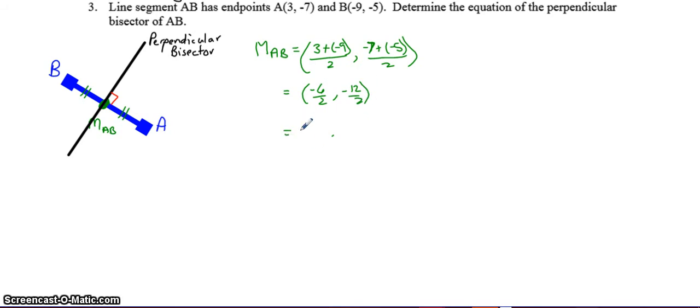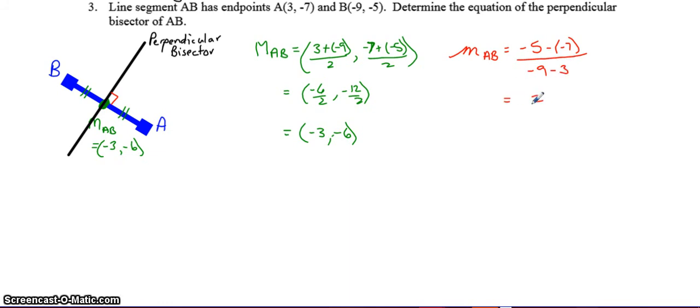And in lowest terms, that works out to negative 3 and negative 6. So that's that point there, negative 3 and negative 6. Remember, because it's a point, it needs to have brackets around it. Because the perpendicular bisector has to be perpendicular to AB, the next thing you need is the slope of AB. So that is y2 minus y1 over x2 minus x1.